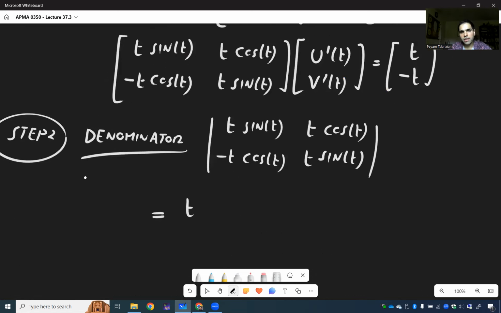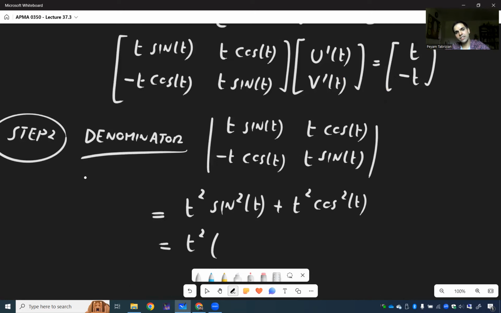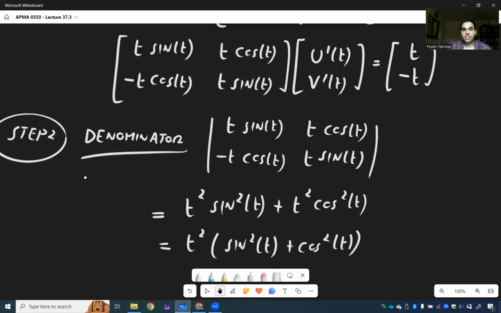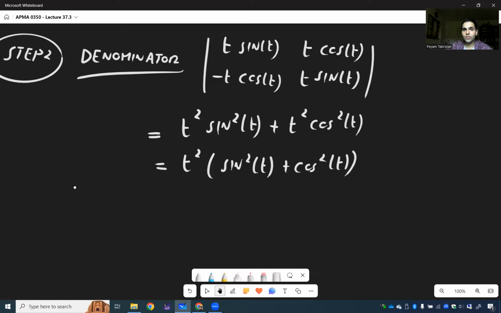This becomes t squared sine squared t, and careful, minus minus, so plus t squared cosine squared t, which is really t squared times sine squared t plus cosine squared t, which simplifies quite nicely to t squared. This thing is 1, and so in the end, the denominator is t squared.